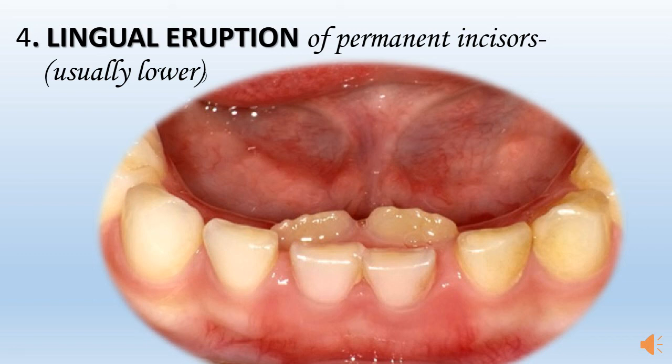In usual cases, it erupts on this side and is pushed outside by the force of the tongue. But where the tongue force is not sufficient, it stays here, and in that case the removal of the primary or milk teeth that are present in front needs to be done. And once this is done, the tongue will push this back to its normal position.